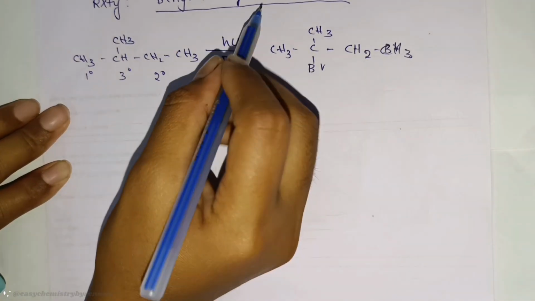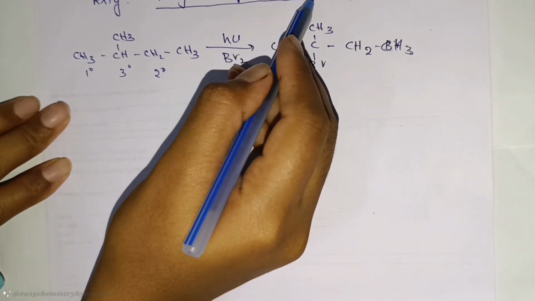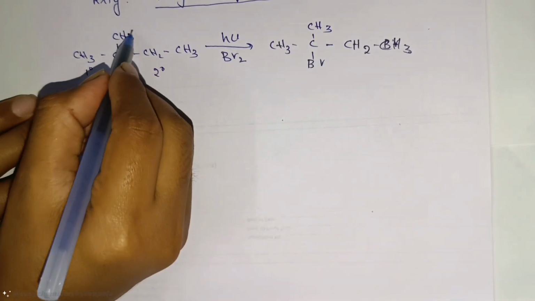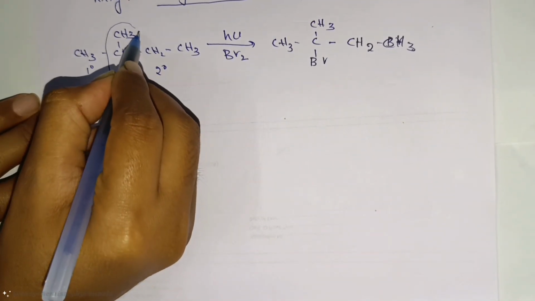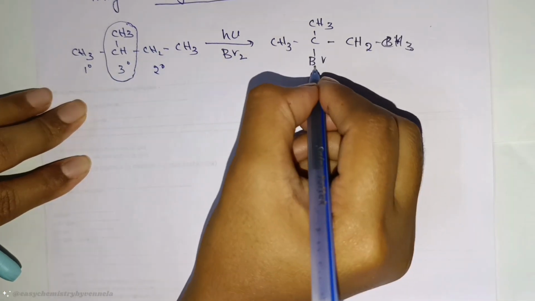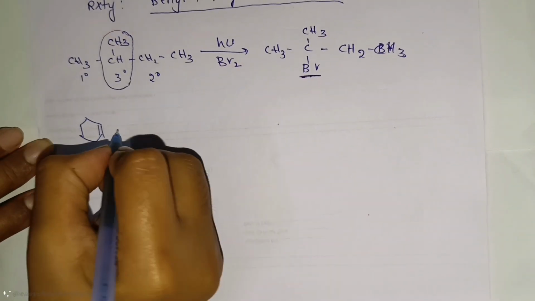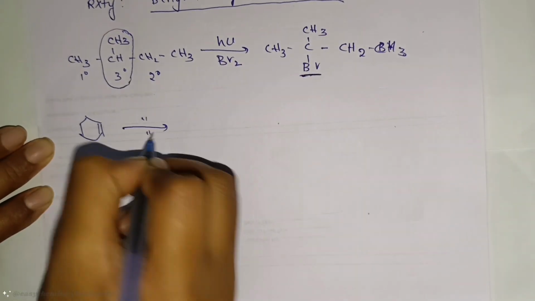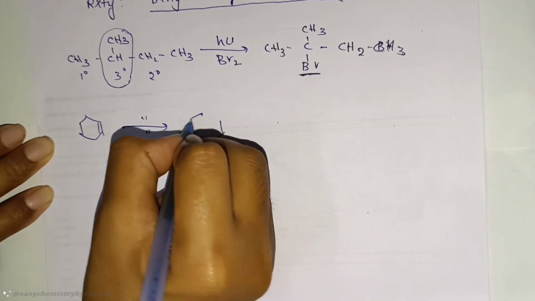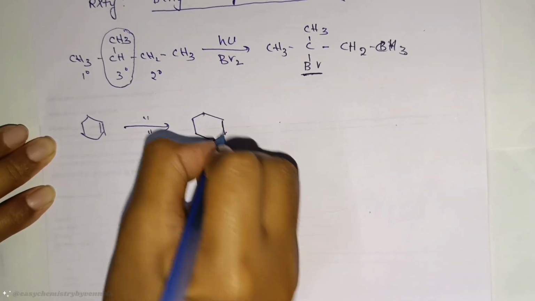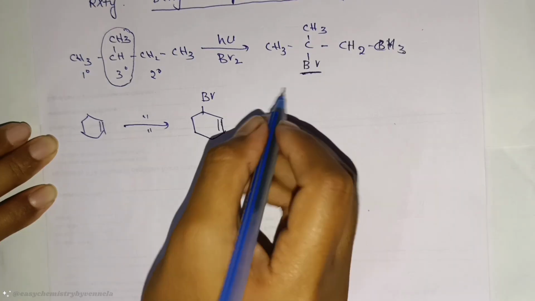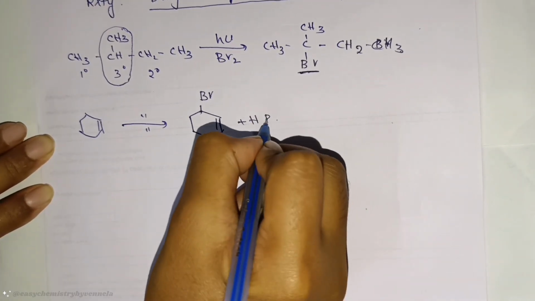The order is tertiary greater than secondary and primary. So in this, removal of tertiary hydrogen by adding bromine. Another example, same reagent, the product is like this, bromine plus HBr.